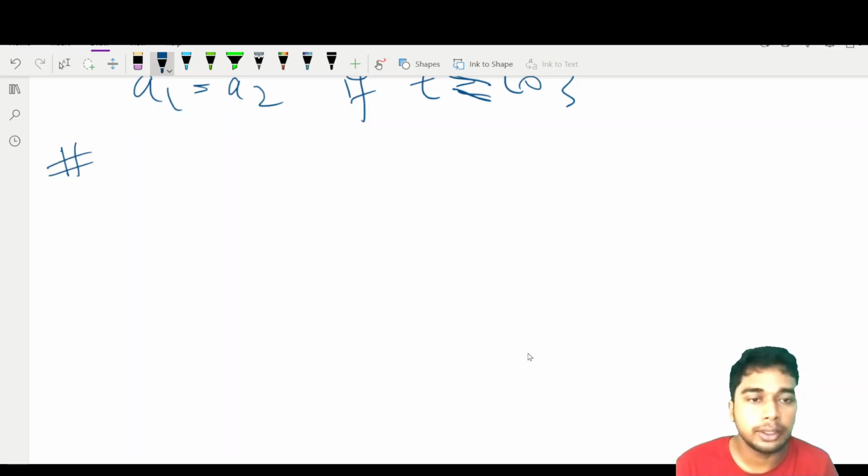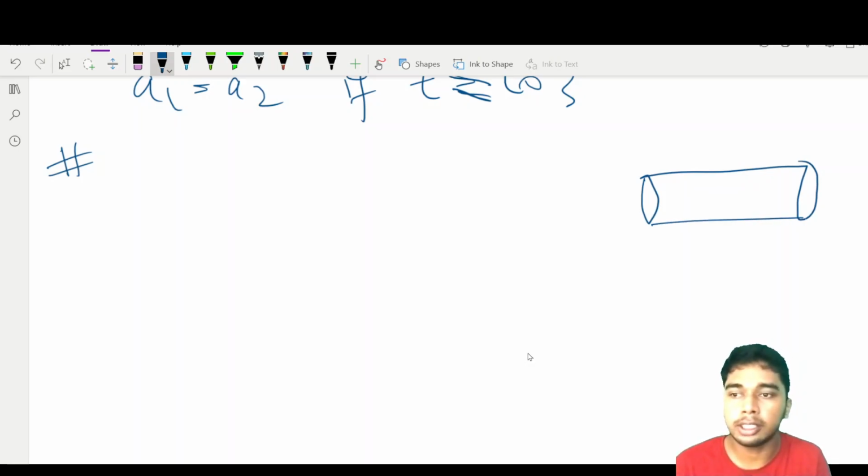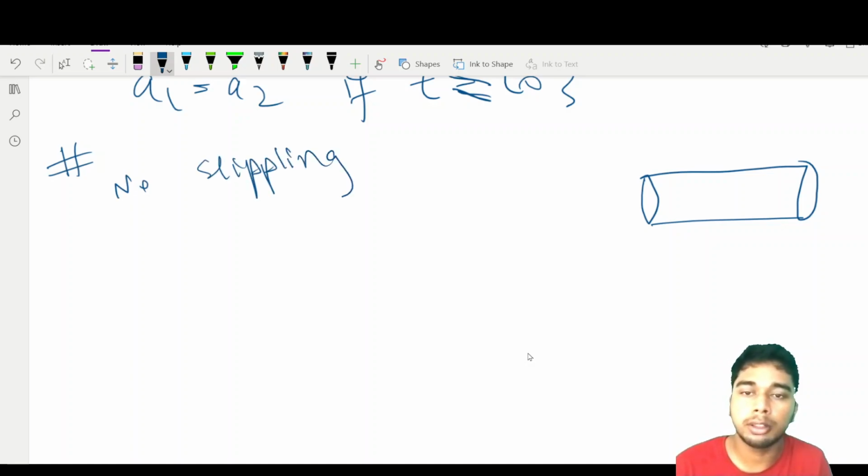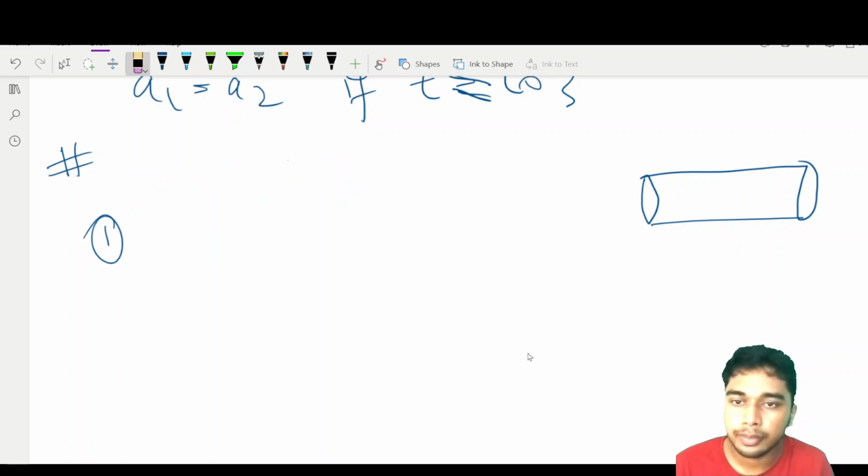I always consider that for the pulley there will be the no slipping case. I was already considering no slipping. If you forget, I am just reminding you. Let me recall what we had already chosen for an ideal pulley.